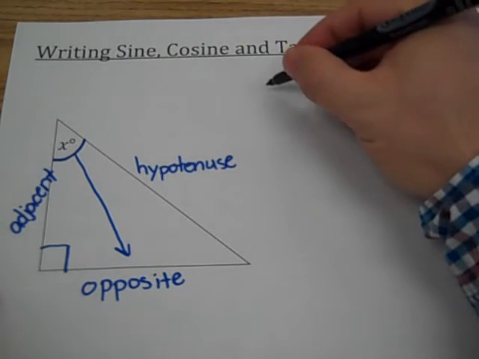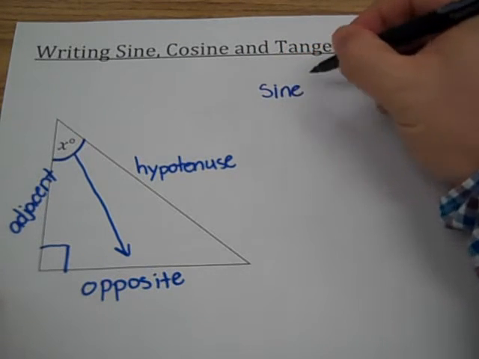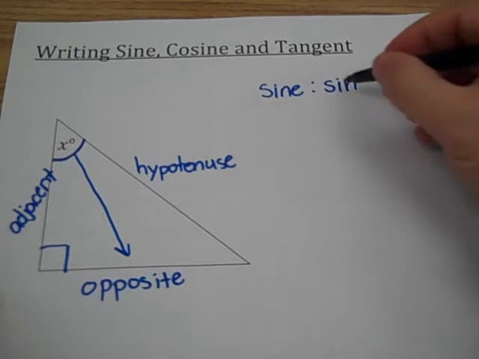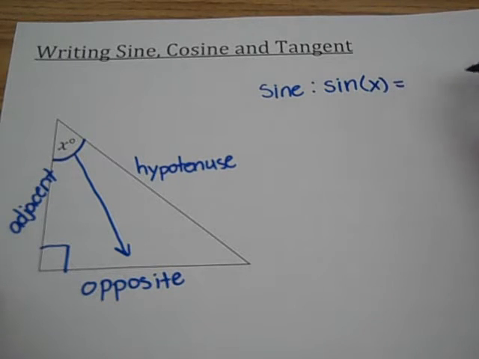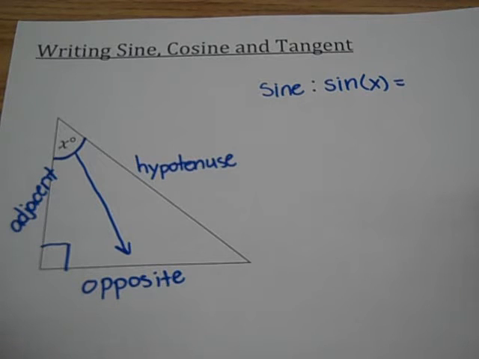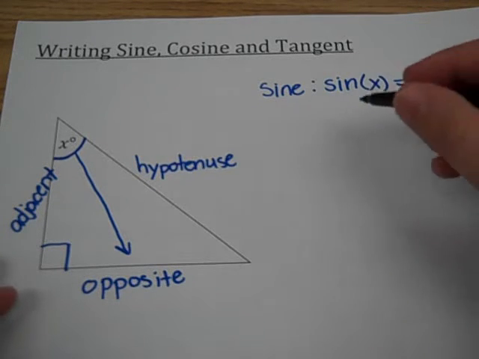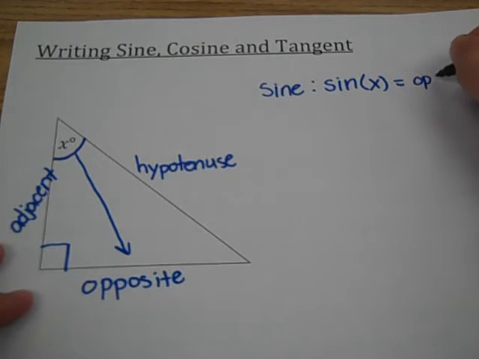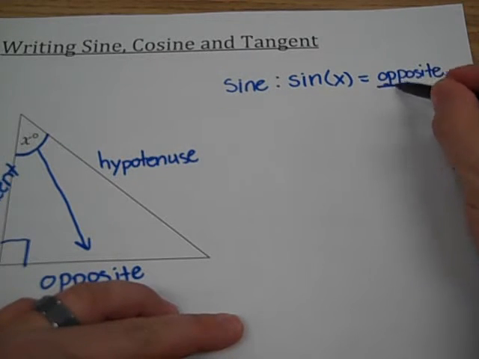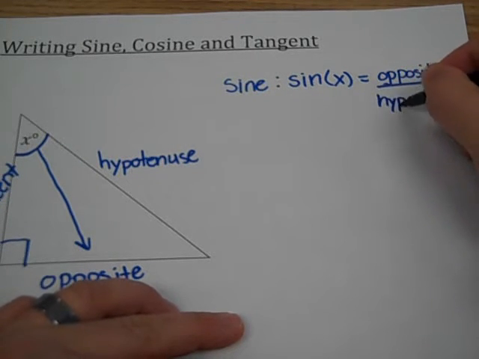So the sine ratio, which we abbreviate sin, these are functions, so I'm going to say sin of x. I can now write a ratio, a fraction, of two of the sides. The sine is always the opposite side length divided by the hypotenuse.